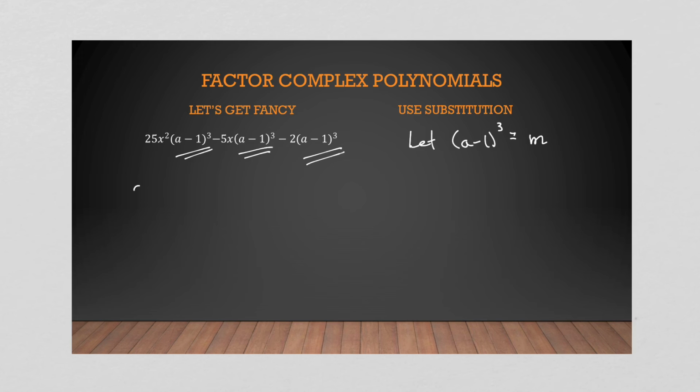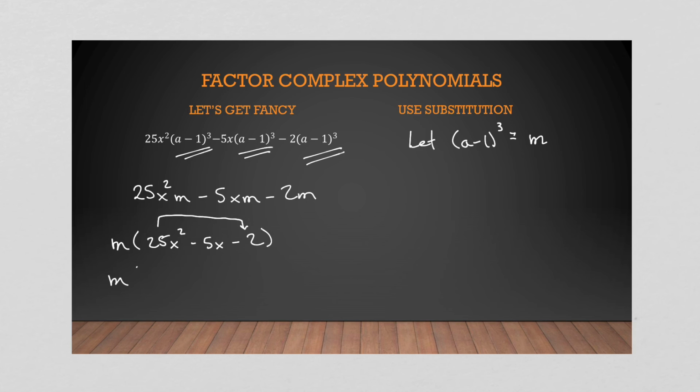Just to make this question look less cluttered, we now have 25x squared m minus 5xm minus 2m. And now you'll notice, oh, well, I can definitely factor that m out to the front. And again, you don't have to do this if you're good and comfortable with this stuff, but it just helps visually. And now we're looking for two numbers that multiply to negative 50 and add to negative 5. So I'm going to use grouping here, and I know that those numbers are negative 10 and positive 5.